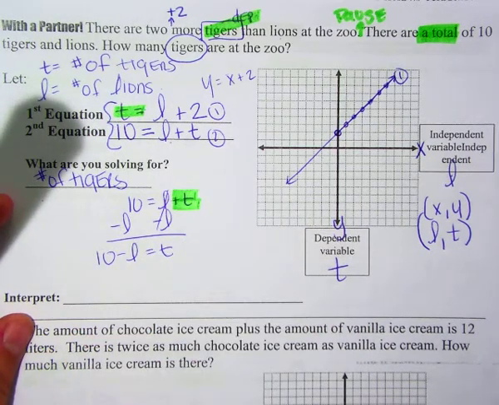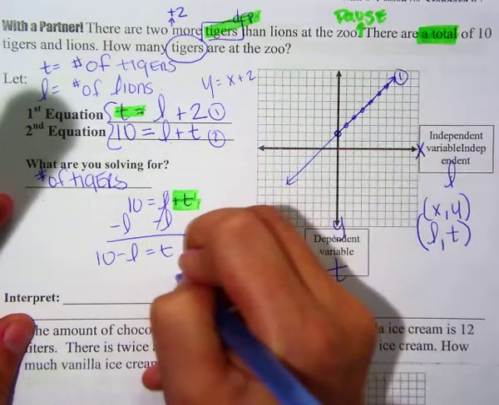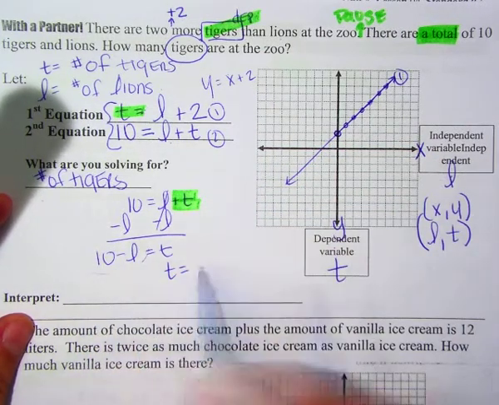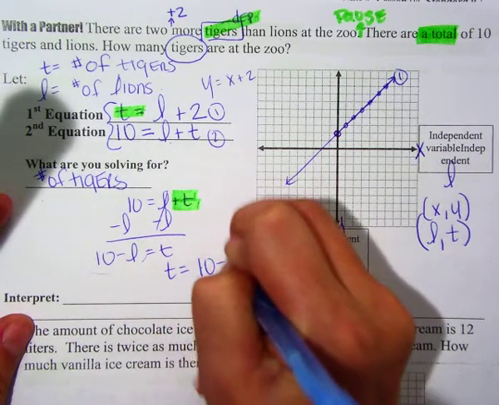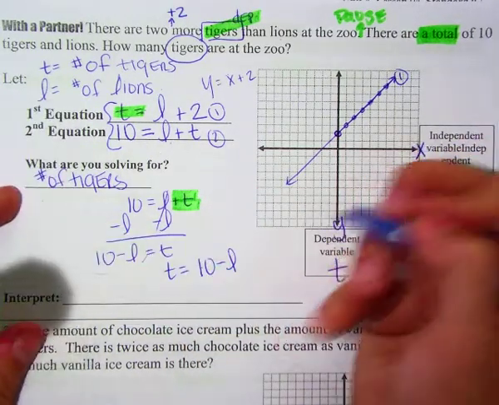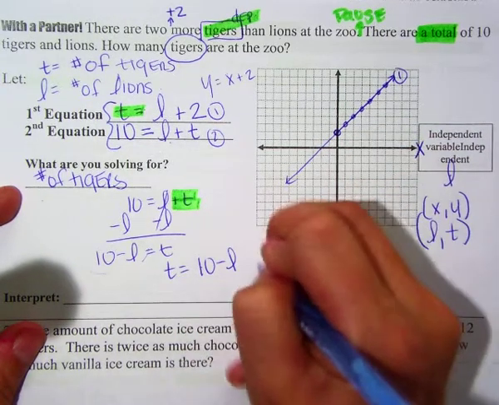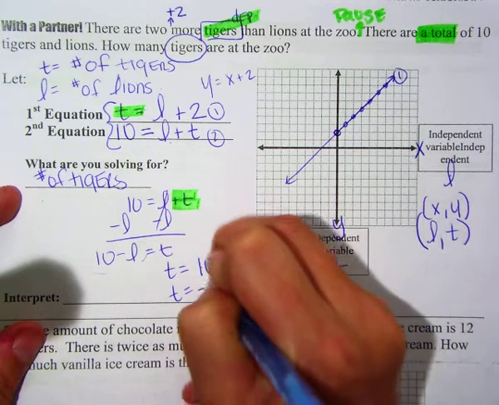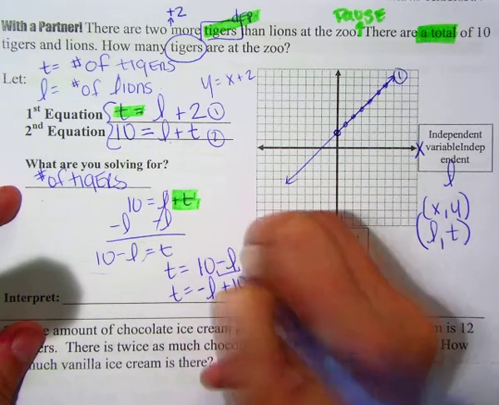But maybe that doesn't make sense to me, so I'll flip it around. T equals, and I'll just put this same thing on the other side. And if you want your L to come first, just make sure you move the signs. T equals negative L plus 10.